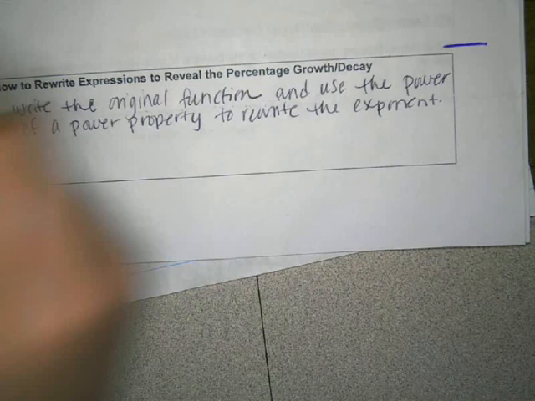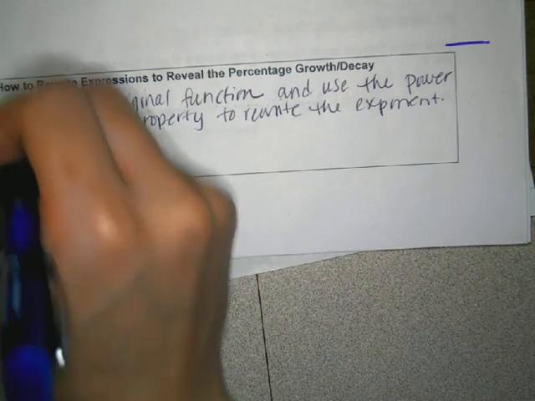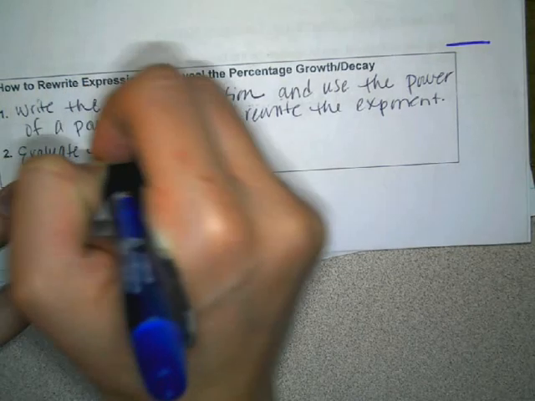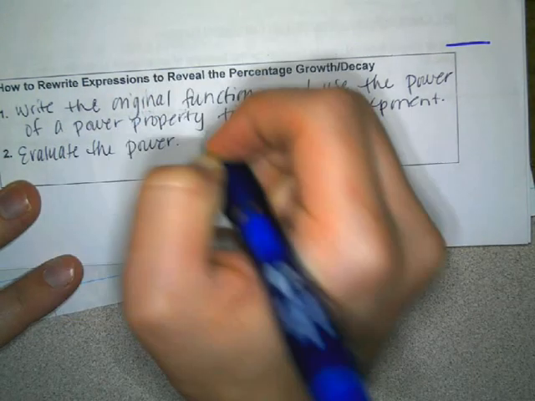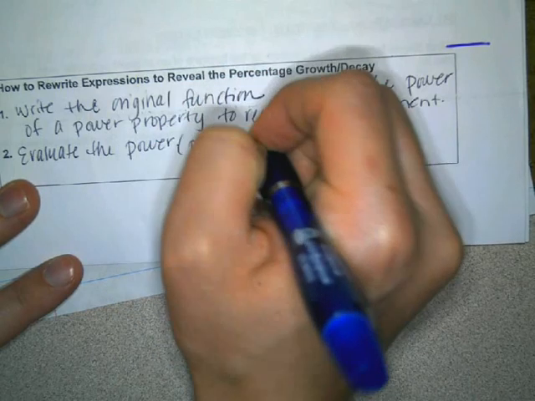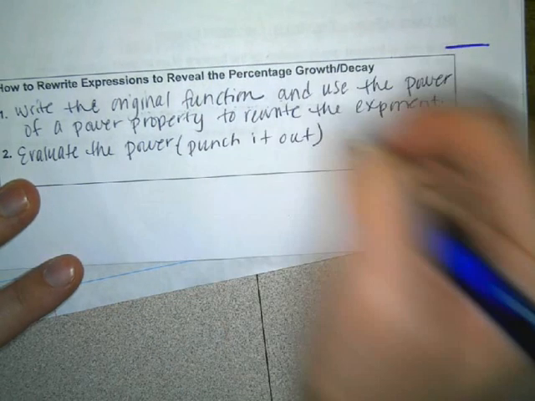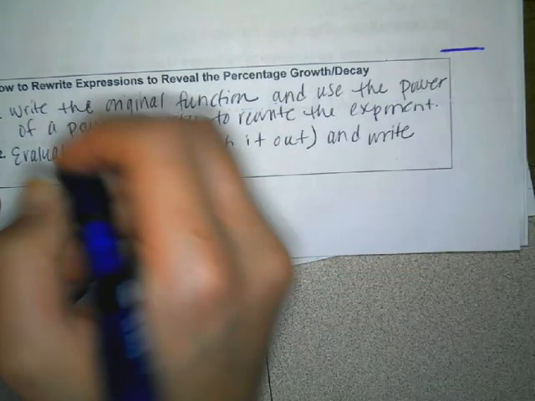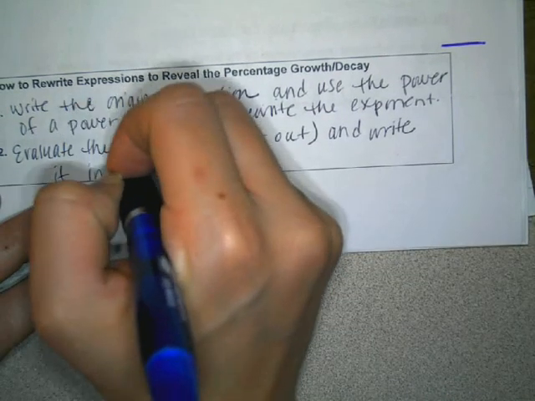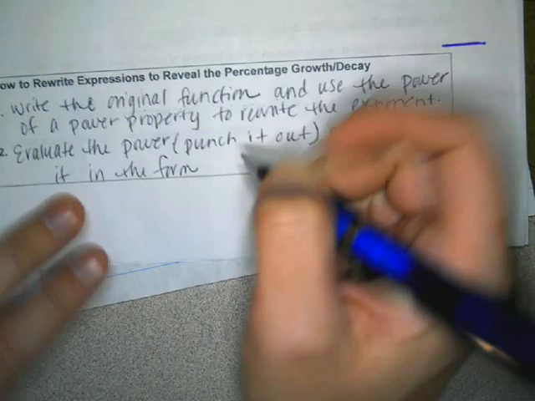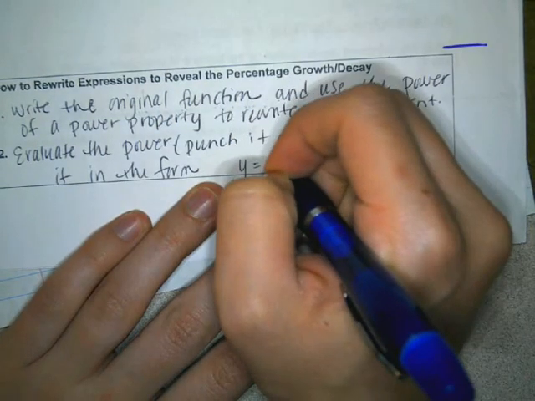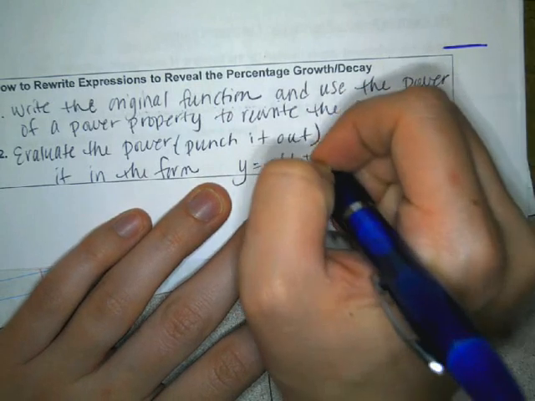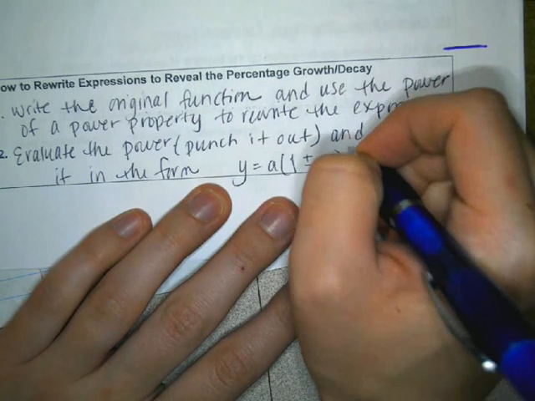And then you'll evaluate the power, which means punch it out on a calculator, and write it in the form y equals a times 1, and it could be plus or minus r to the t.